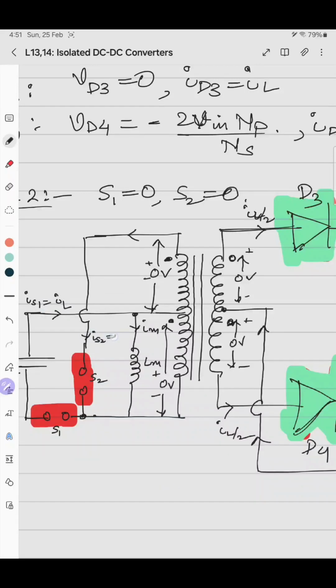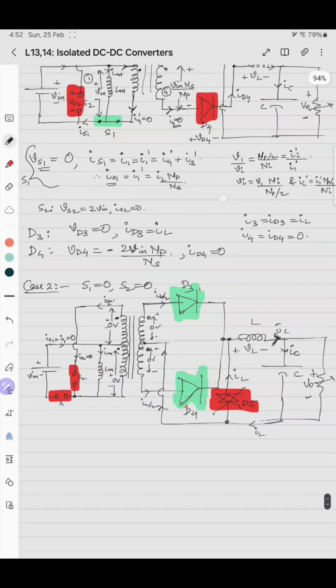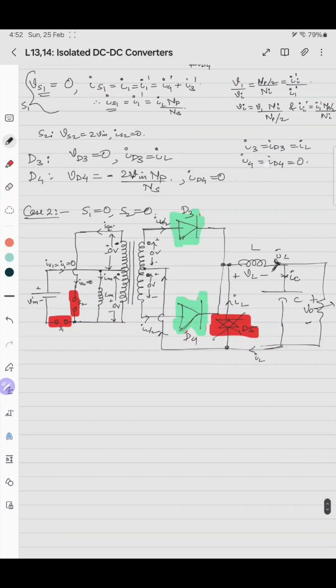IS2 is 0 because the switch is turned off. I1 is 0. So some current is induced here, that is IL by 2 into NP by NS.